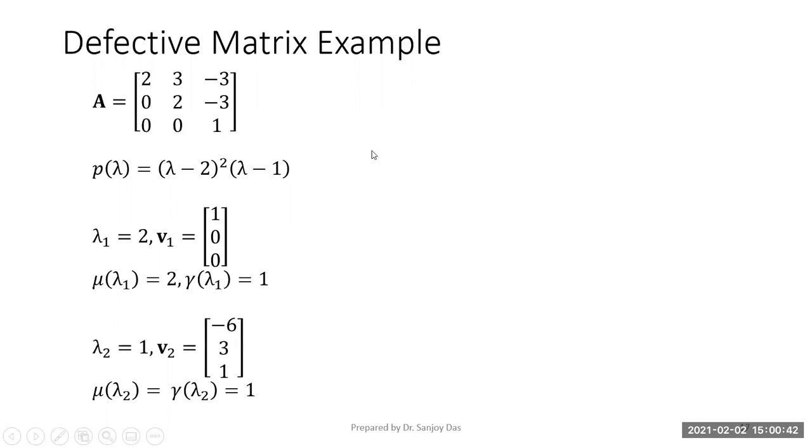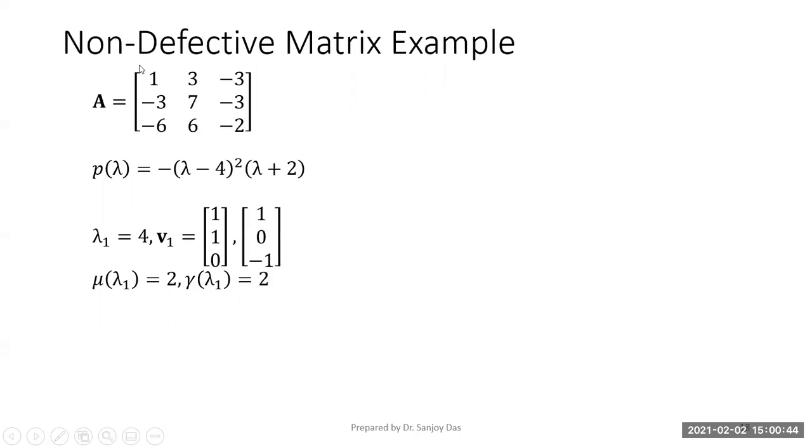Or this one, what's the determinant of this matrix? The determinant of this matrix is, lambda 1 is 4, right? Yes. So 4 times 4 times negative.